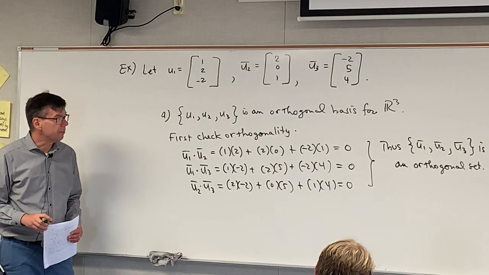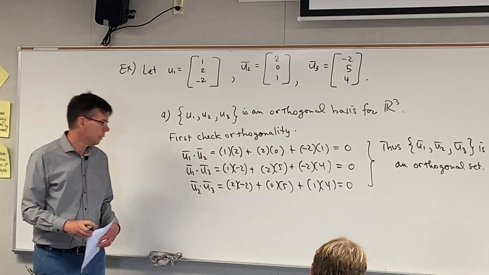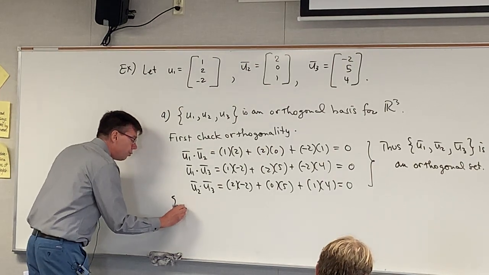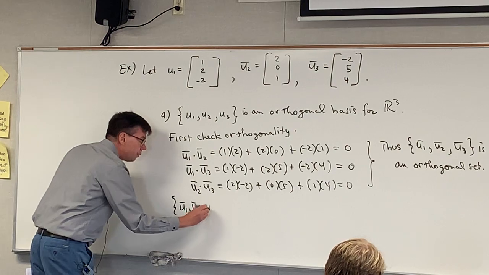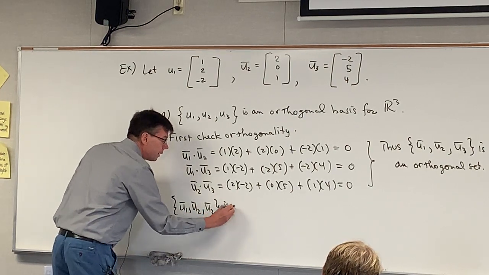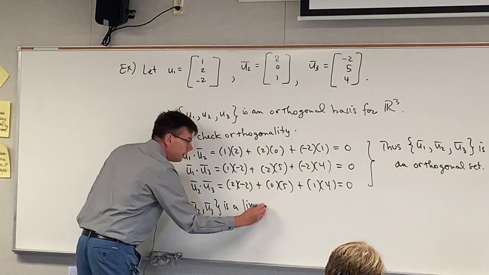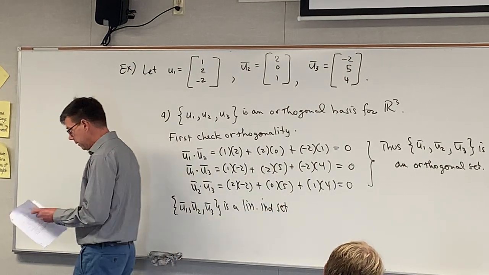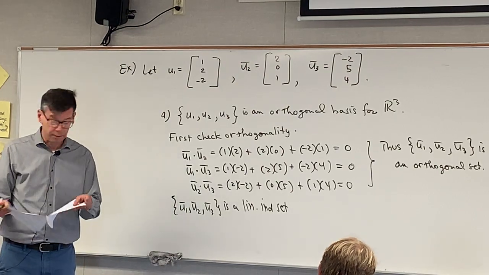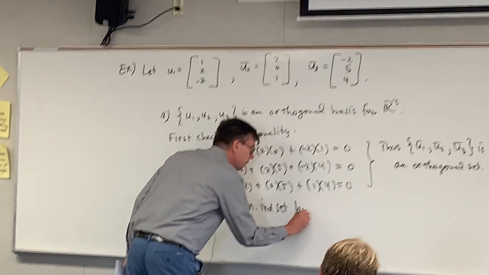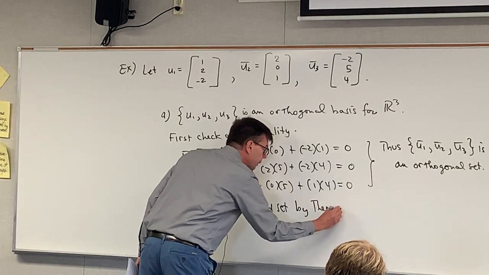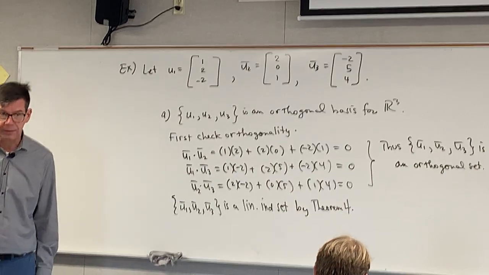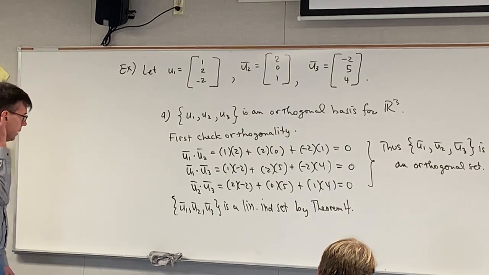Now we've got to show that it's a basis for R3. Well, u1, u2, u3 is a linearly independent set by theorem 4. Just look on the previous page. Any orthogonal set of non-zero vectors is linearly independent.